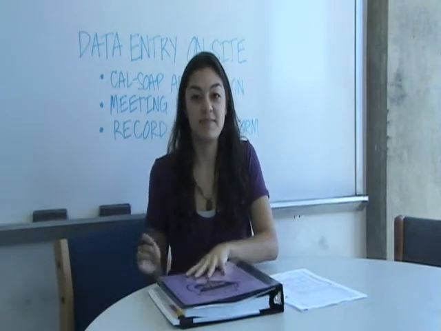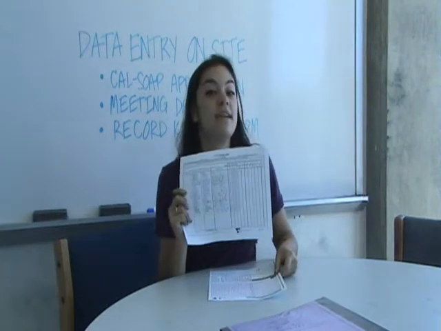So now you have all your data collected on site and it's time to go to the office. It's important to remember that your record-keeping forms for your own personal use stay on site at all times. You're going to bring your meeting data and the CalSUP application to the office with you. This is also a great time to fill out your timesheet and get it signed by your site contact.